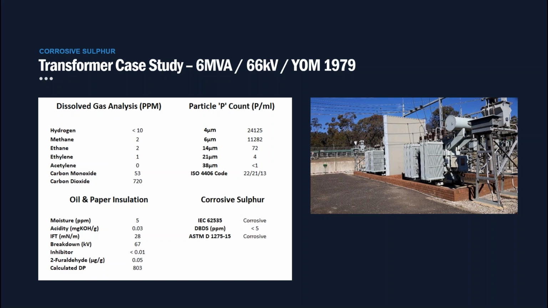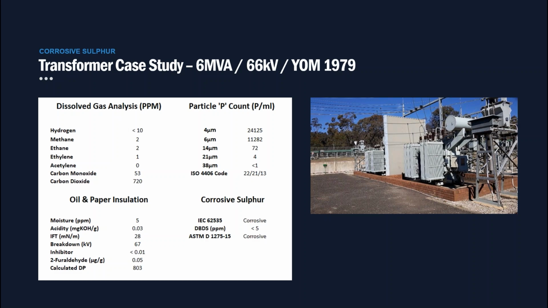Copper windings are an example, and so are silver-plated contacts of the load tap changer selector switches. A recognized candidate is DBDS, which is dibenzyl disulfide, and it's likely there are others. Many oils sampled from failures due to the corrosive sulfur problem have had DBDS present.